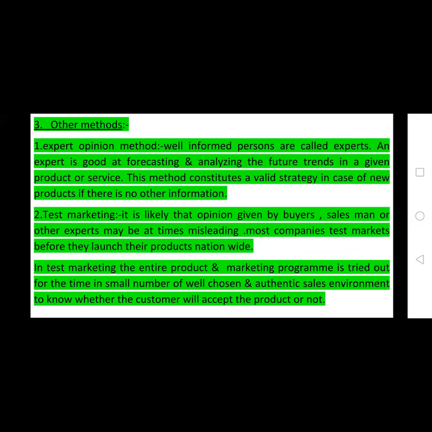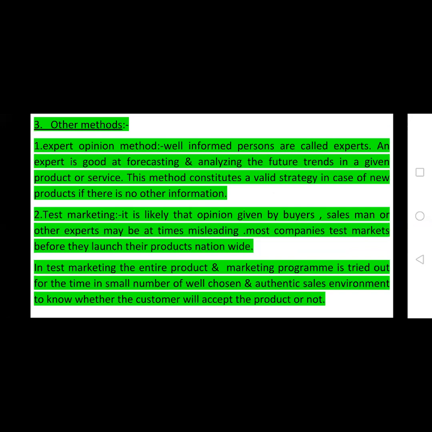The last one is demand forecasting methods. The three types of methods are: first, the survey method; second, the statistical method; and last, other methods. In these other methods, the first type is the expert opinion method.